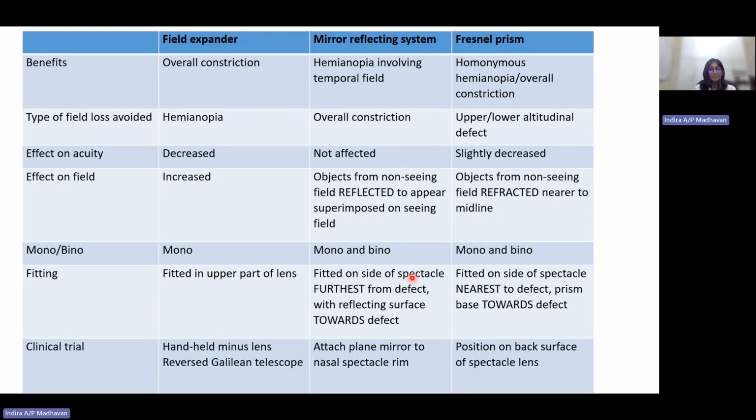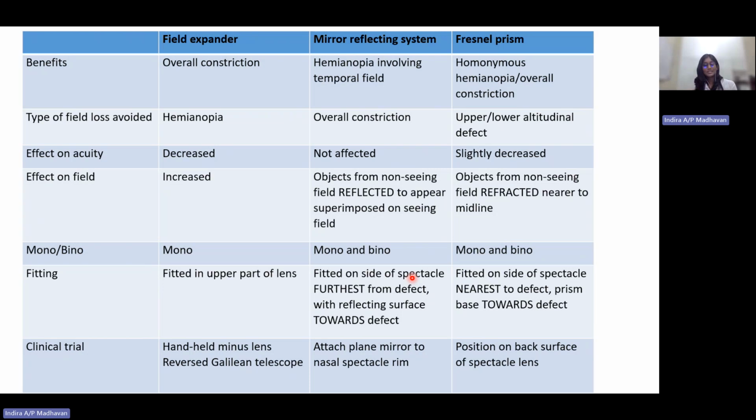That's how the Fresnel prism looks like, but in a softer version. This Fresnel prism comes in gratings, and those gratings have values for the prism power. So it is a grated, transparent sticker kind of thing, very soft plastic.